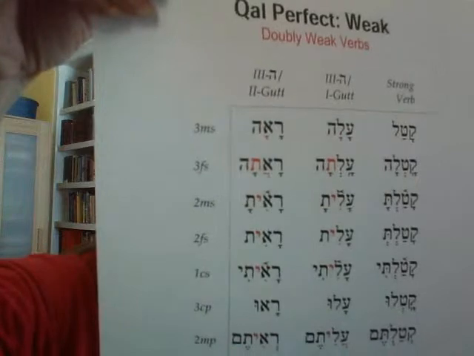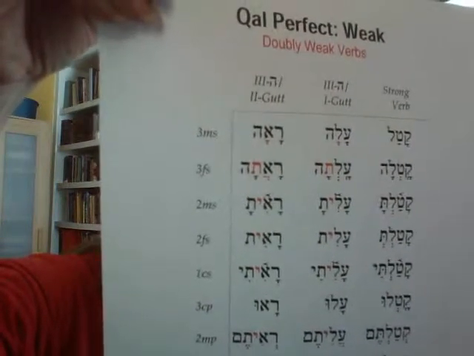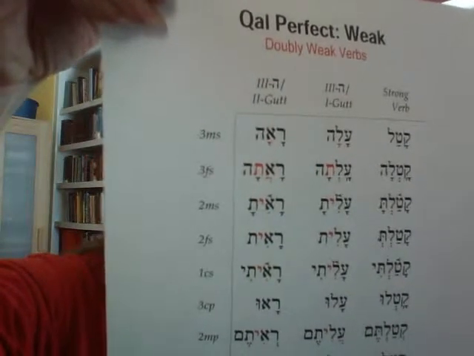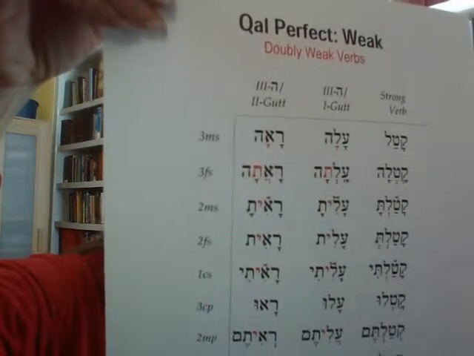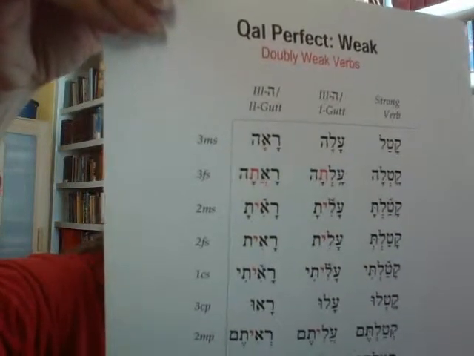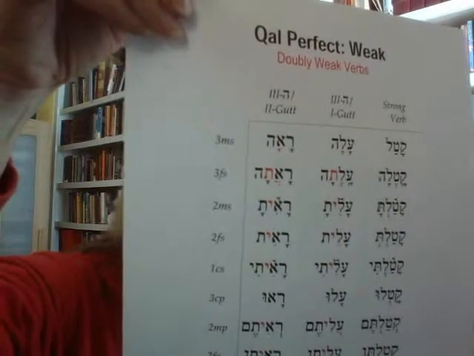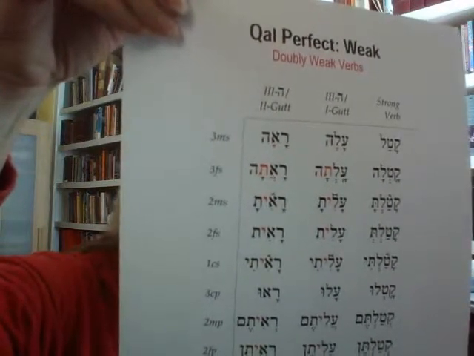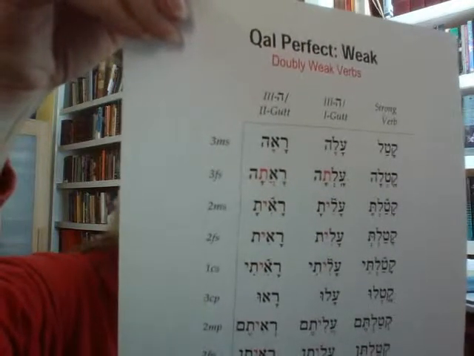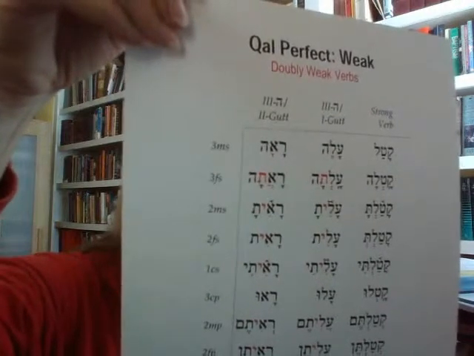In these doubly weak verbal roots, the changes occasioned by the hey in the third root position are combined with the changes caused by the presence of an additional guttural consonant. These types of changes should be familiar to us by now. In the third feminine singular form, the expected vocal schwa under the guttural aleph has changed to hatef patah because a guttural cannot take a vocal schwa, but rather prefers the vowel hatef patah.